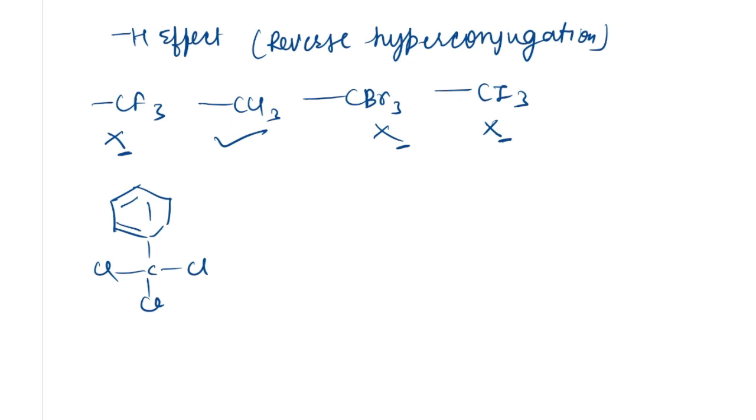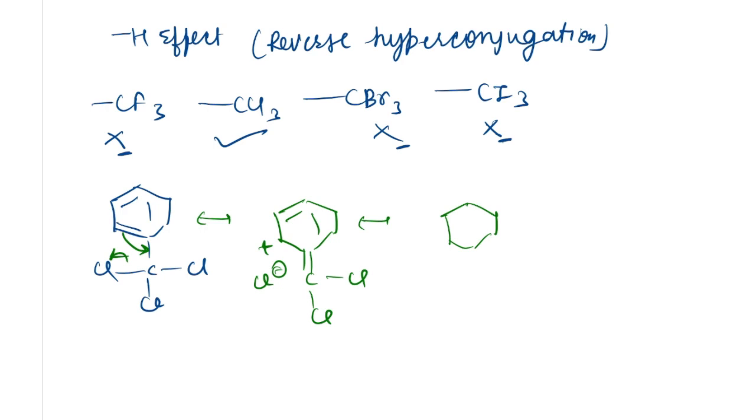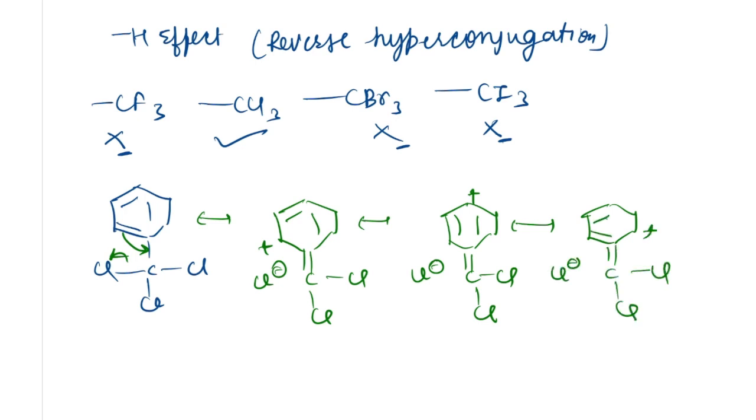Now we have CCl3. In case of CCl3, electron will be pulled towards this. It will form a positive charge, and Cl will be Cl negative. Now it will show the resonance like this.